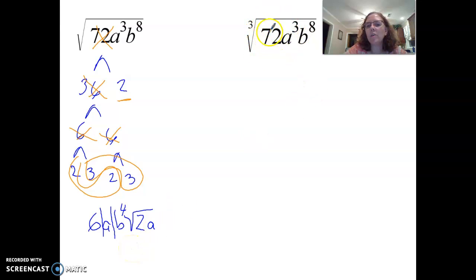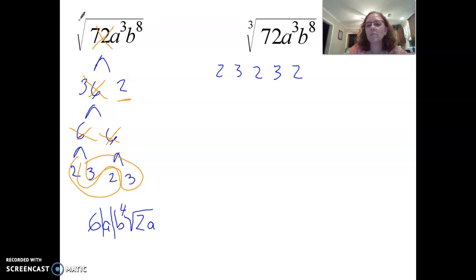Okay, so now let's look at this one. So now we're doing a cube root, but we're going to start off the same way. I'm going to use these same prime factors because 72 is 72, right? It doesn't matter. I'm using these same prime factors right here. I had a 2 and a 3, a 2 and a 3 and a 2. Okay, so when we did square root, think about what square root means. Square root means a number times itself, always 2.